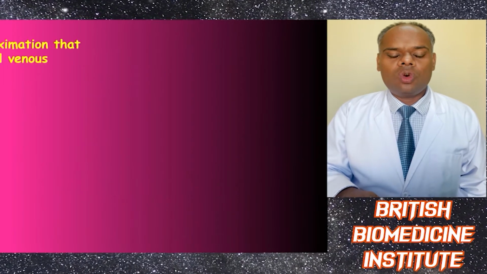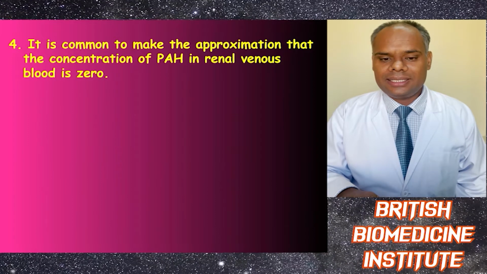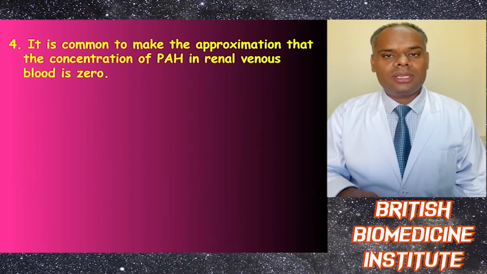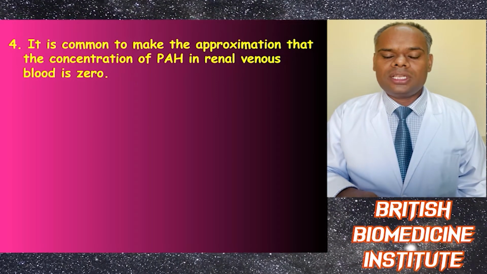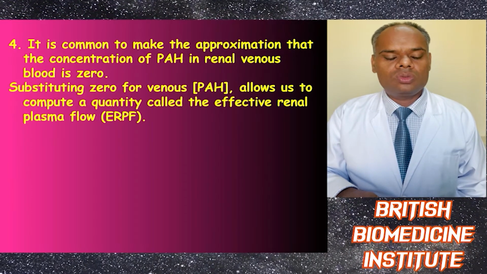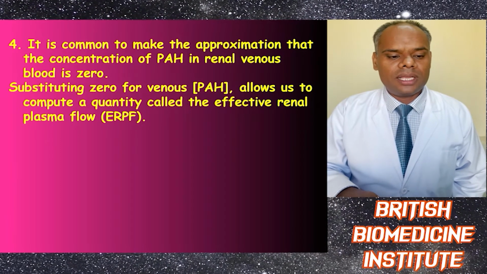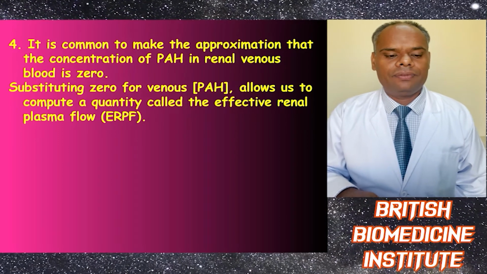It is common to make the approximation that the concentration of PAH in the renal venous blood is 0. Substituting 0 for venous PAH allows us to compute a quantity called effective renal plasma flow, or ERPF.